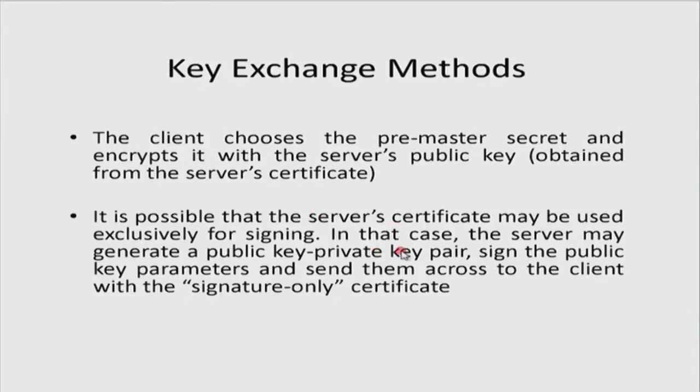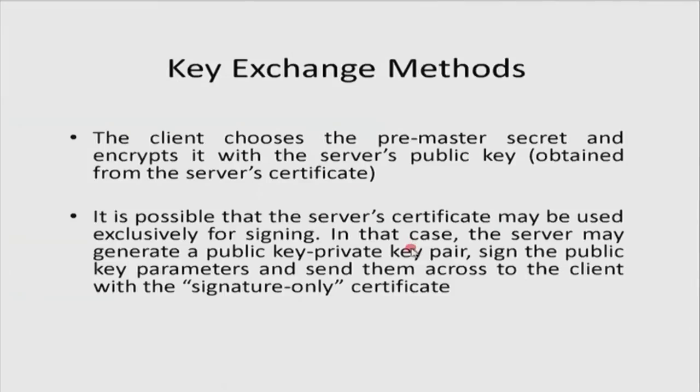In that case, the server may generate an ephemeral public key private key pair, and then sign it, saying that it is I who came up with this pair. I sign it with the private key corresponding to the public key in my signing only certificate.